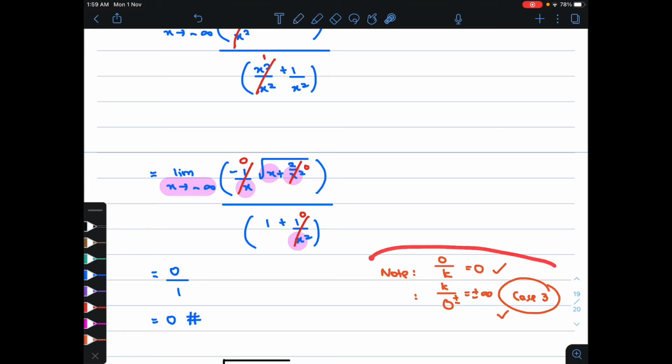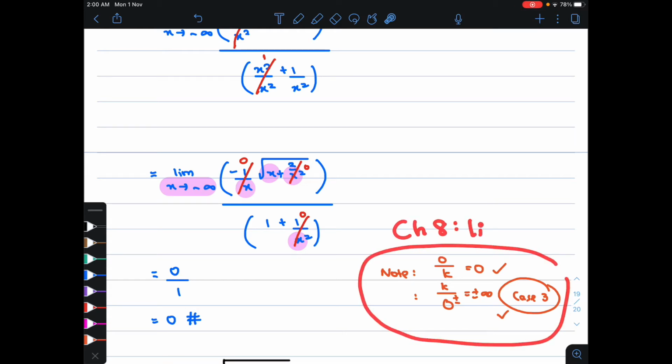So just please be careful with these two: the difference between 0 divided by k and k divided by 0. This is only applicable for this chapter 8, since we're talking about finding the limits.